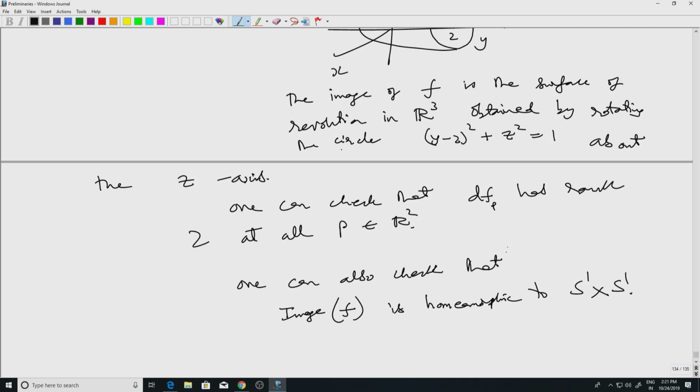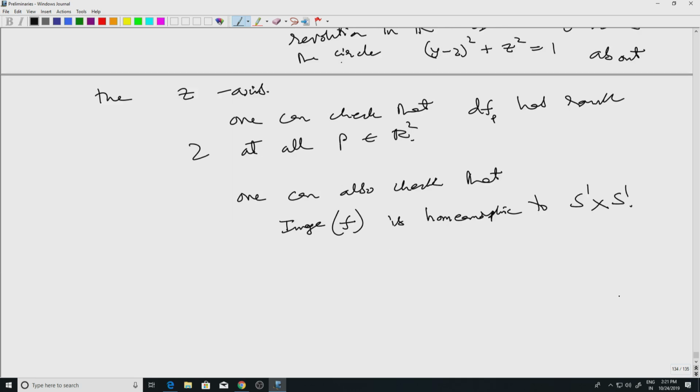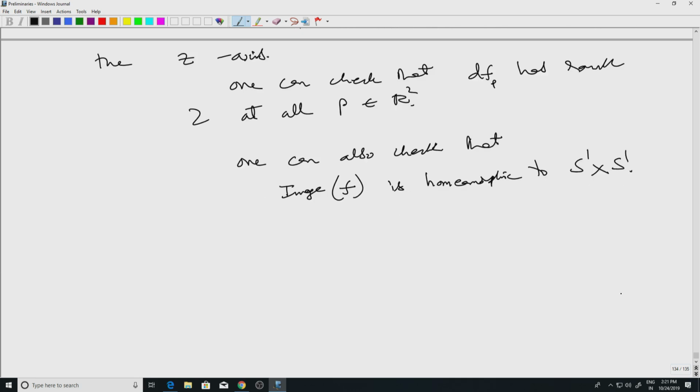So once we have that, we can make a stronger statement that the image of f is actually diffeomorphic to S1 cross S1, where S1 cross S1 already we know that it is a smooth manifold because of the product differentiable structure. Right. So now let's move on to a discussion of submanifolds.